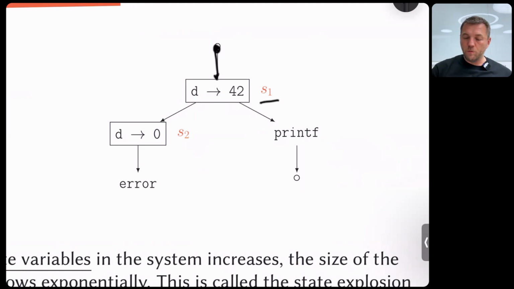From here we can move either to print, in which case everything will be fine and the program will finish, or from state 1 we can move to state 2. If the thread gets faster than us before we get to the printf, the system can be moved to state 2. And in state 2, d is equal to 0. And from state 2, we have only one road, which is to failure.